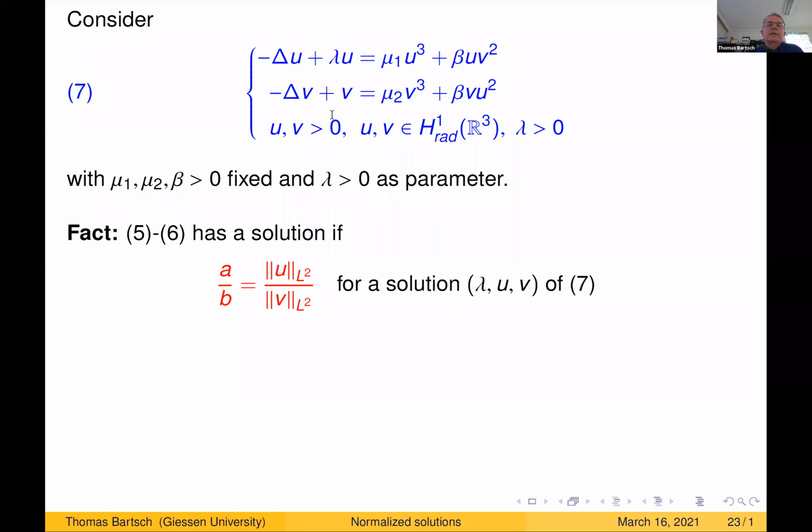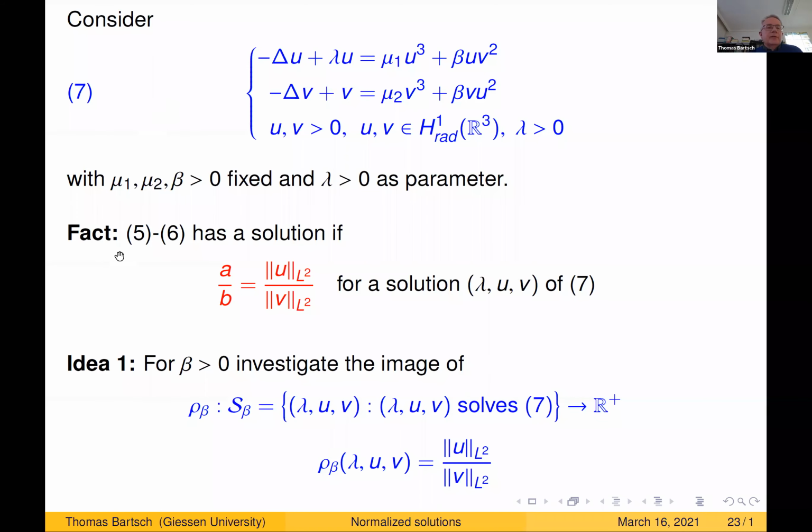And the result is, if you have a solution of this problem 7 with some parameter lambda greater than 0, then you get a solution for our original problem for L2 norm of u equal to a, L2 norm of v equal to b, if this ratio is the same. This is a simple rescaling. So we can just concentrate on this problem here, with one parameter less.